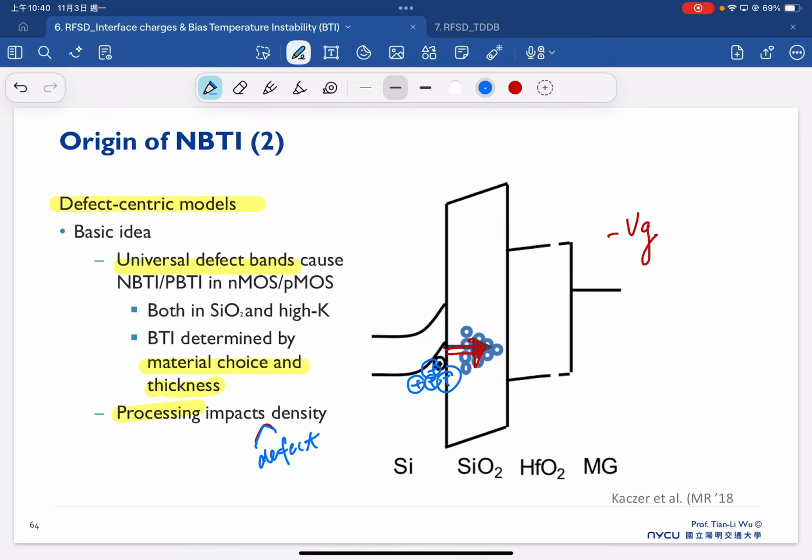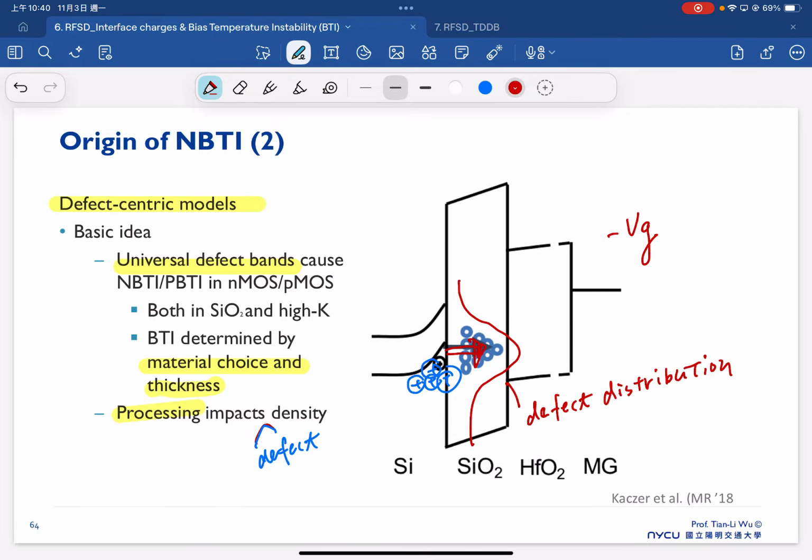And then also, to further try to find a way to model this defect, people try to consider the different defect distributions inside this dielectric. This is a defect distribution.